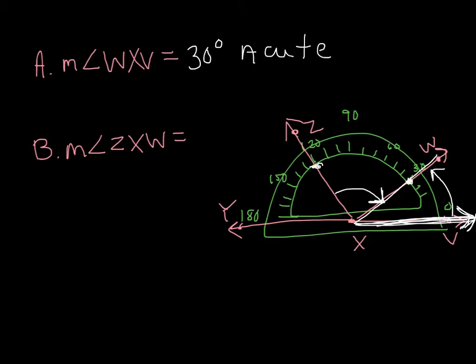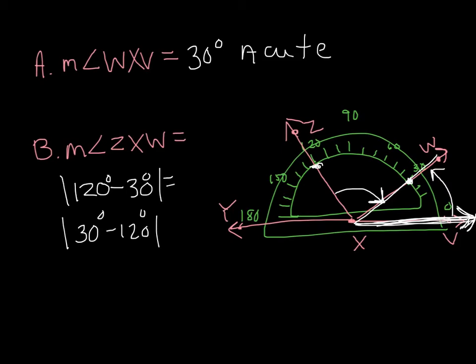This ray goes through the degree of 120 degrees, and W crosses through the 30-degree mark. So I can take the absolute value of 120 minus 30, or 30 minus 120, and we can do it once, of course. So 120 degrees minus 30 degrees gives us 90 degrees. So this is actually a right angle.